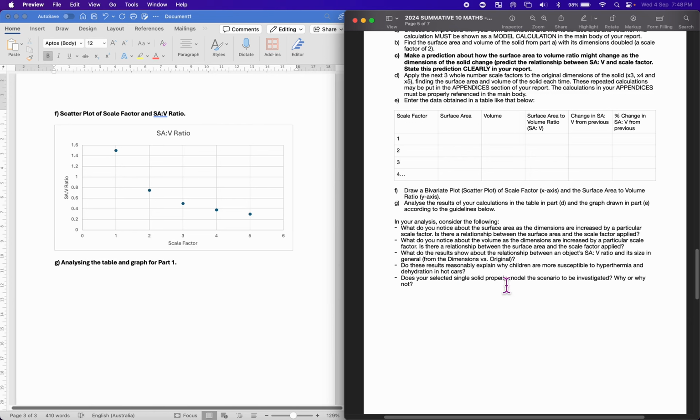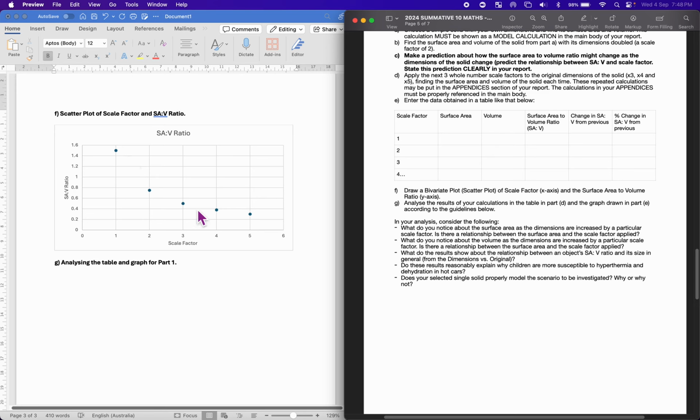Do these results reasonably explain why children are more susceptible to hypothermia and dehydration in hot cars? Well, as you can see from this graph, as you get bigger in size, the bigger scale factor ratio, what's happening to the comparison between your surface area, how much skin you've got, and your volume? Well, here you've got a lot of surface area compared to your volume. Here you've got less, but it's spiked down a lot.